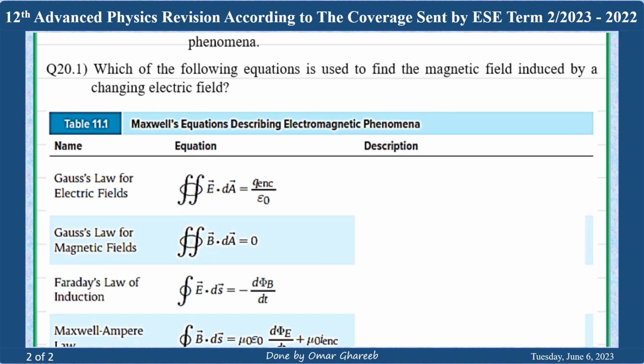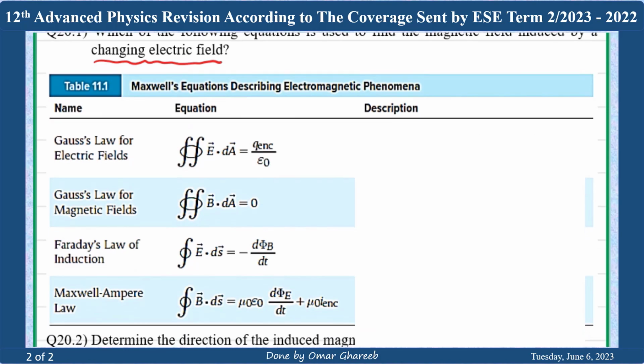I have a changing electric field. Which equation offers such a situation? Here there is no change in the electric field, and here it's the magnetic field. Here is the change in magnetic field. Here we have change in electric field.